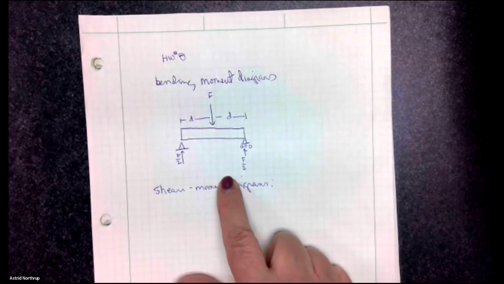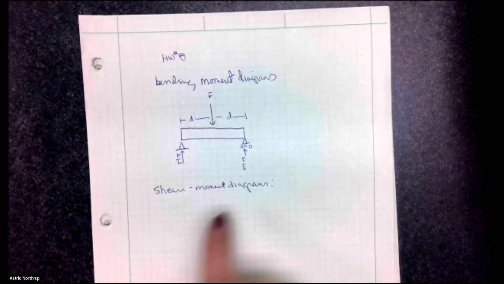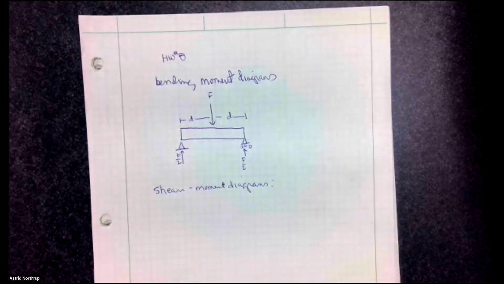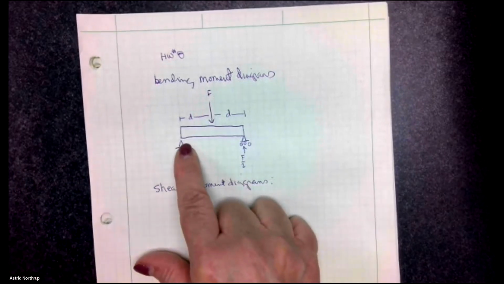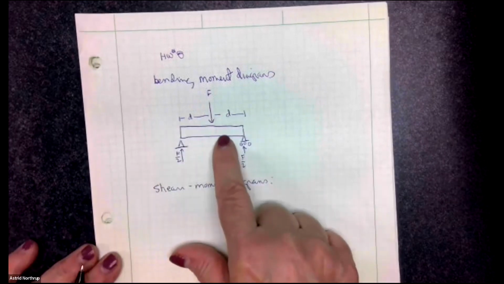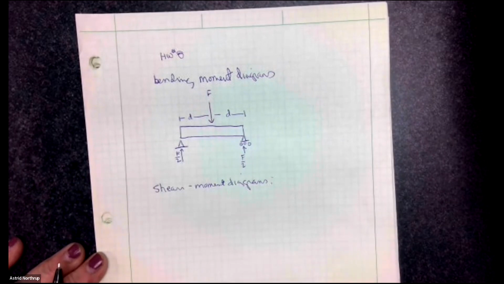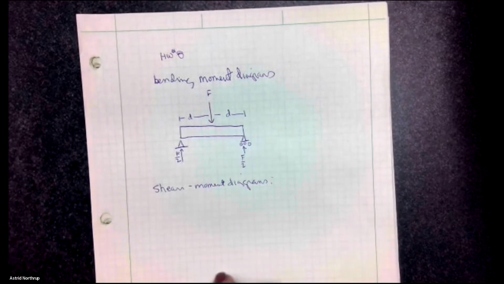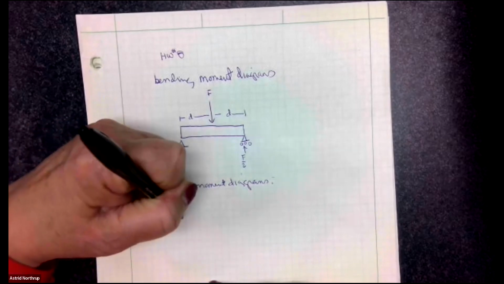Because if you think about it, once something fails, we don't have a structural member at all, right? We just have a pile of garbage. So what we're really interested in is how the forces and moments are distributed, but we're also interested in where that failure is going to occur. There are two key components to that.